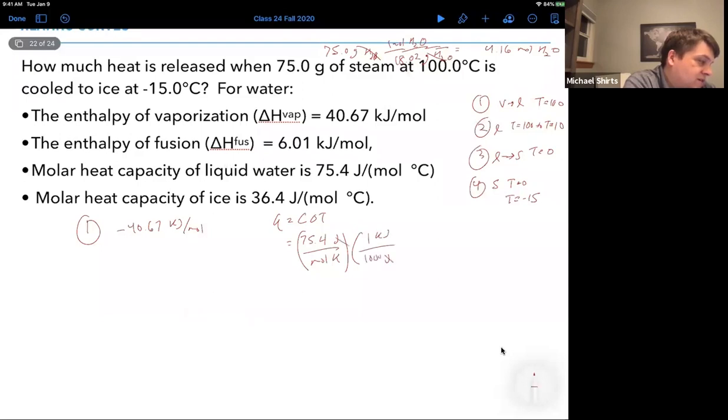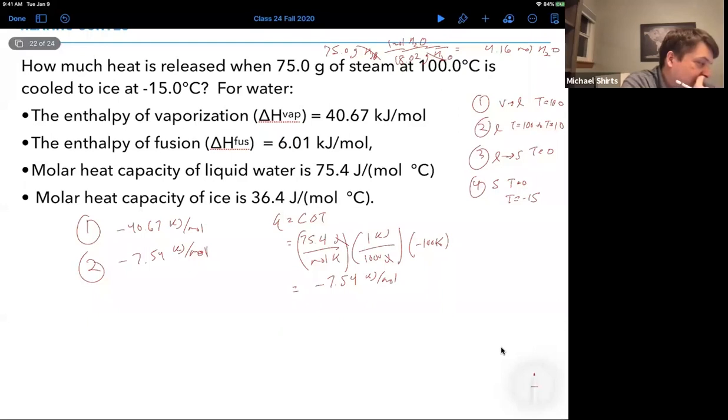So the joules cancel. And we have minus 100 K because we're going down in temperature. And that would be minus 7.54 kilojoules per mole. So step 2 is minus 7.54 kilojoules per mole.